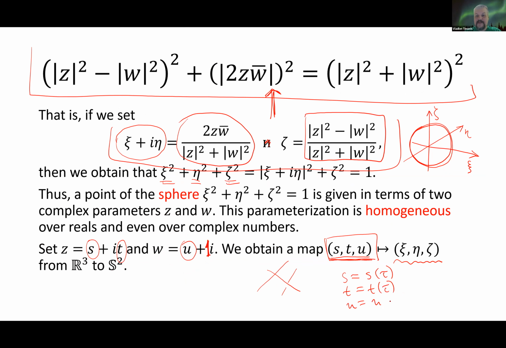And we have to substitute these 3 linear functions into the equations for the Hopf map. And we don't even need to know the details. The only thing we need to see here is that these are fractional quadratic expressions, that the numerator and denominator are quadratic polynomials. When we substitute linear polynomials into these quadratic polynomials, we get, again, fractional quadratic expressions.